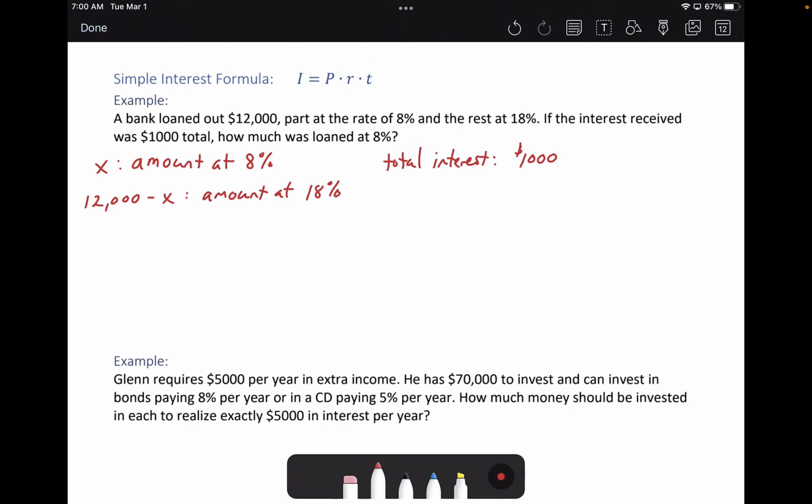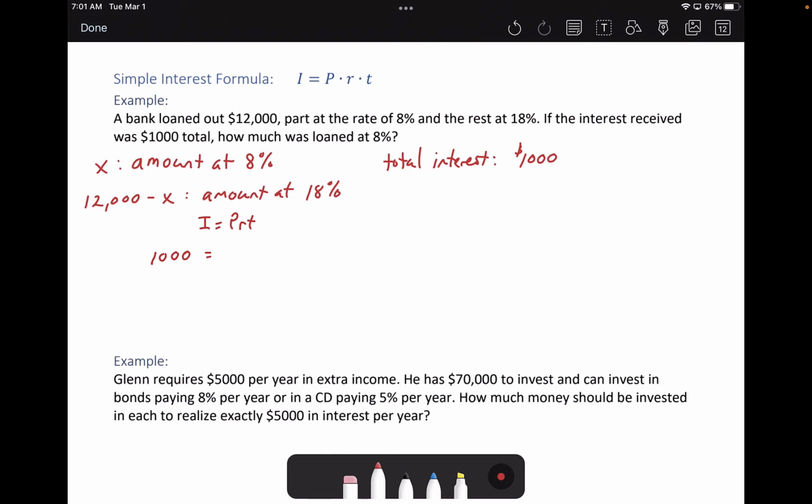So looking at our formula, I equals PRT, let's set up this equation. We know the interest to be $1,000. The principal is in 2 different spots. We have one principal at X at 8% and one principal of 12,000 minus X at 18%. So we'll just pick one of those.